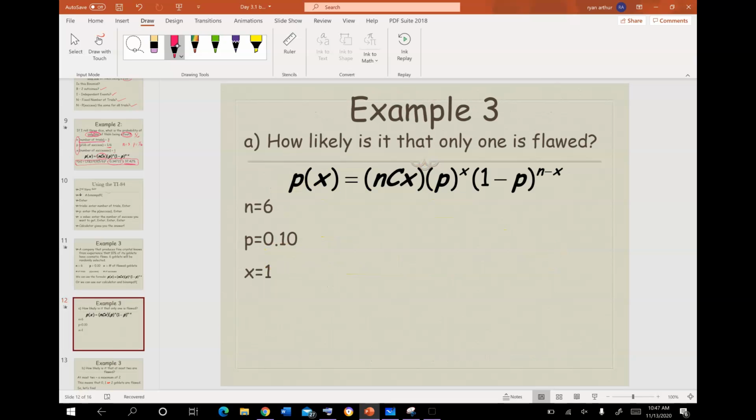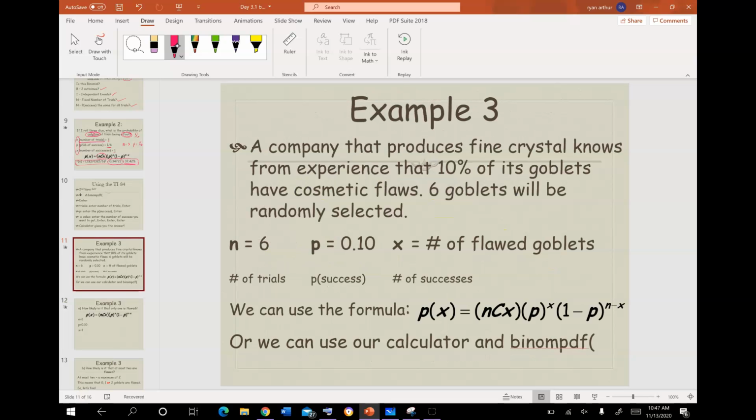So I have 6 goblets that I'm randomly selecting. That's where the N comes from. Now there's a 10% chance that goblets have flaws. You've got to change that 10% to a decimal, so you move the decimal 2 places to the left. That's where the 0.10 comes from. And X is going to be how many flawed goblets there are.